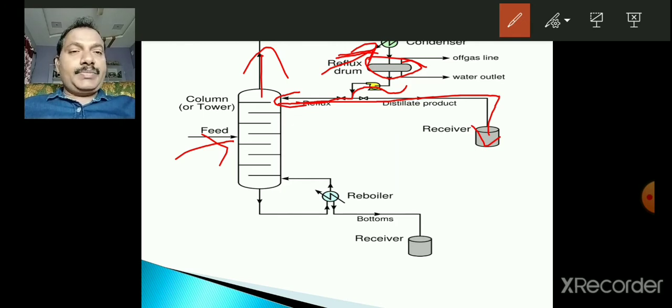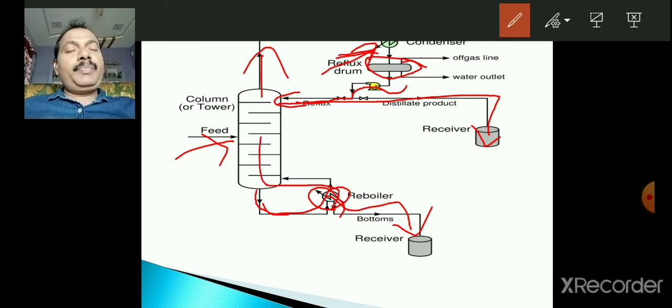This is the arrangement, and in the bottom we have the reboiler here, where the product is collected at the bottom, and sometimes some portion of this is reboiled and repumped into the distillation column like this.